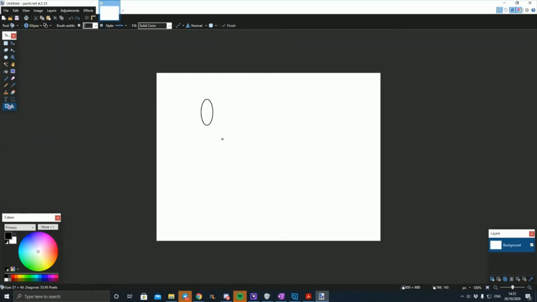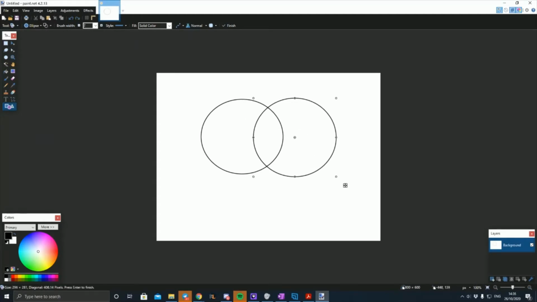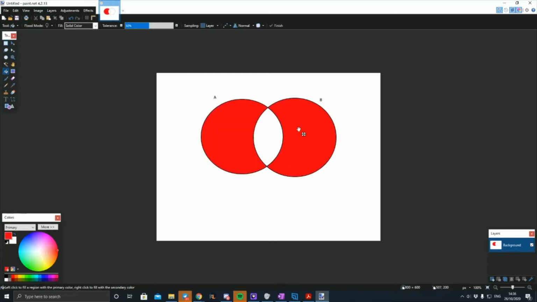Where we're gonna have two circles. This is A and this is B. I didn't say they were pretty. They're just circles. A and B. So in the case of A XOR B, that would be this.